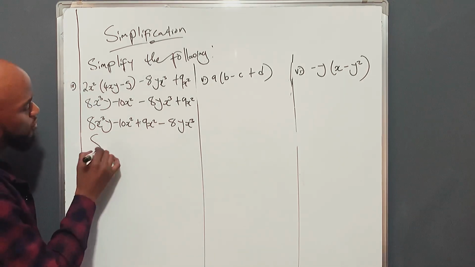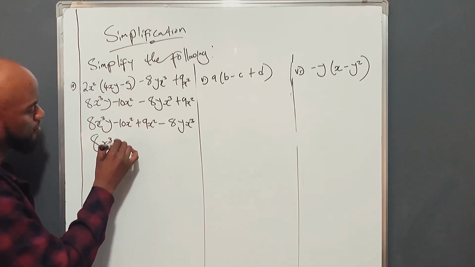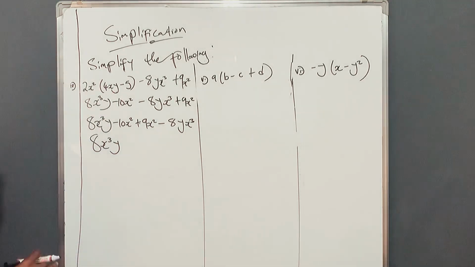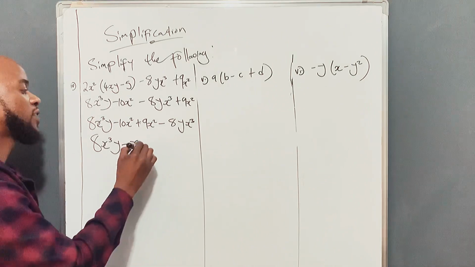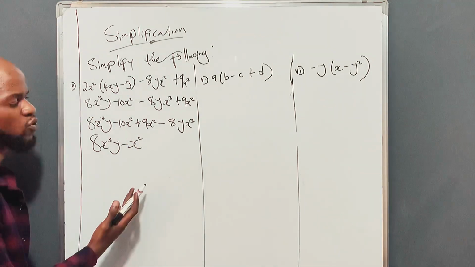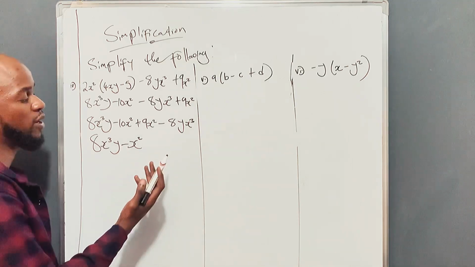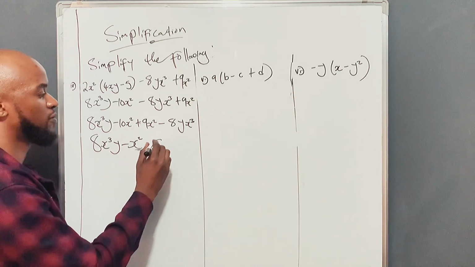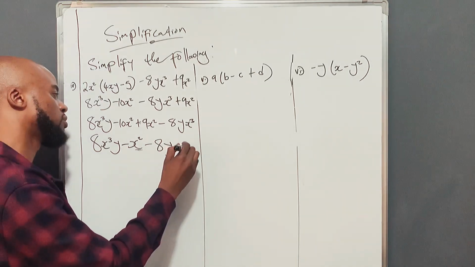What do I have here? So 8x to the power 3 y, negative 10x plus 9x is negative x squared. Yeah, it's like 10 minus 9, which is 1. I can't put 1x squared because the coefficient of x is 1. So I have this. Yeah.